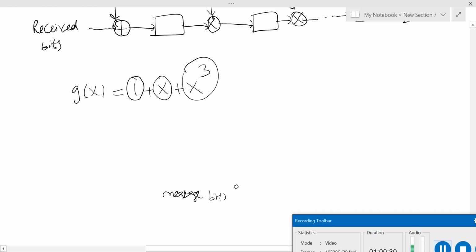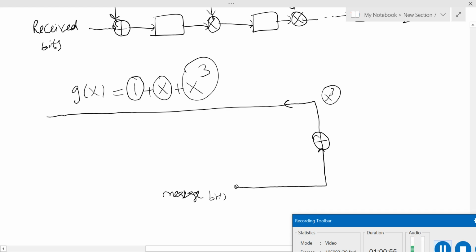Now start with this point and put an XOR gate here. The first term corresponds to the highest degree term, x cube, it is 1, so the link will be there, and then move here directly.